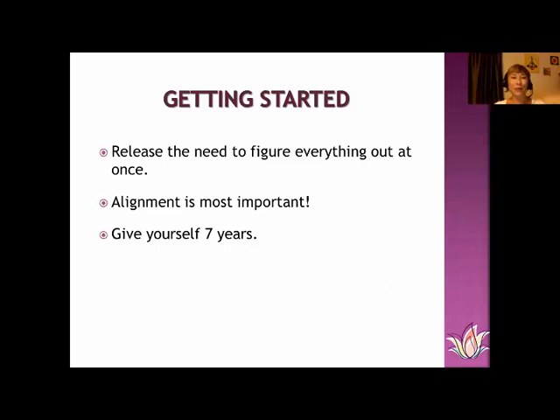And as you go into this process of your own alignment with your authentic being, as your cells turn over, they become more attuned to who you really are. So give yourself 7 years to really work your way through this. There's no rush. You're not missing anything.